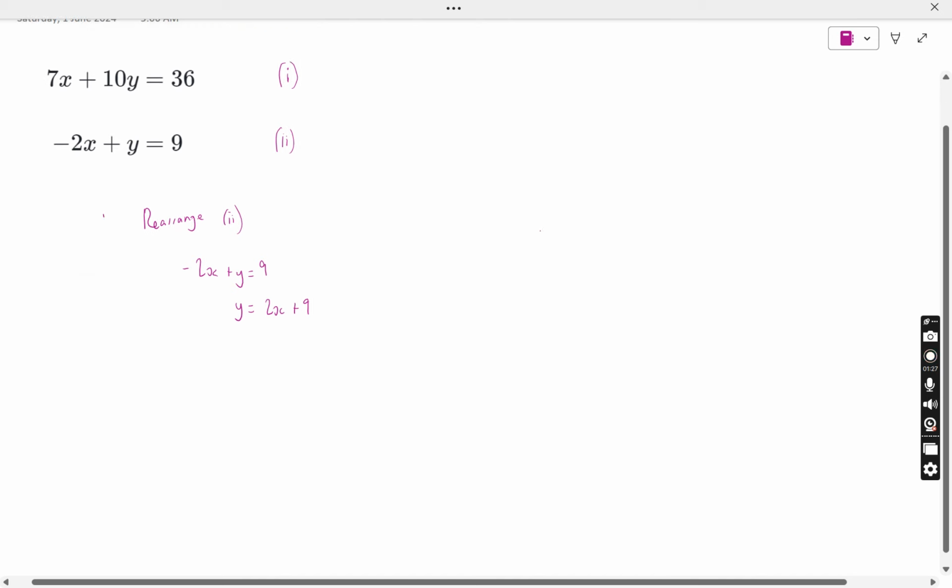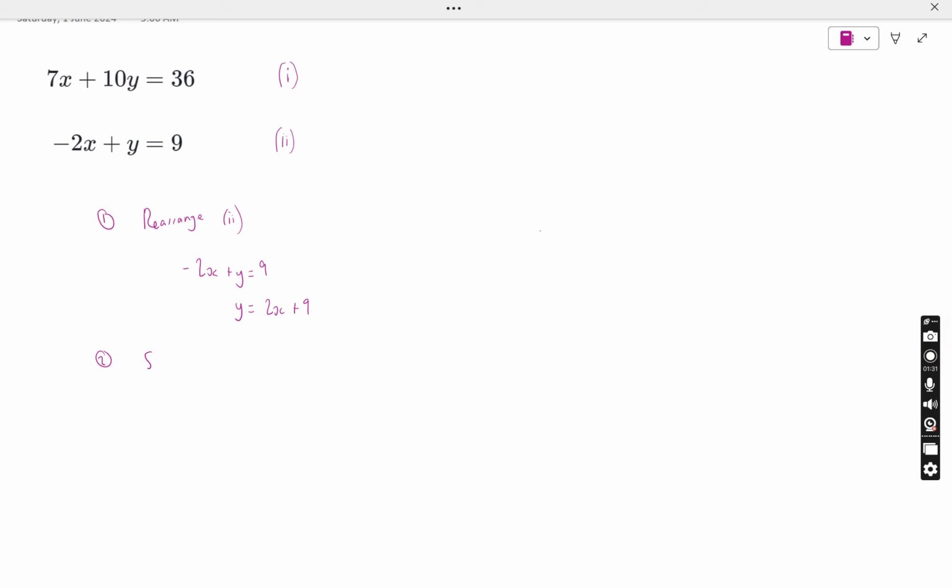So next step, that was step 1, this is step 2, sub equation 2, which for this is, I'm talking about that one right there, into equation 1. So anytime you see a y in equation 1, you're not going to write y, you're going to write 2x plus 9.